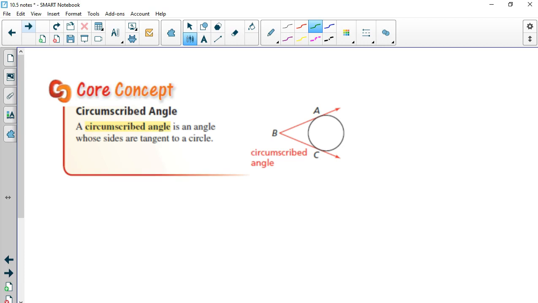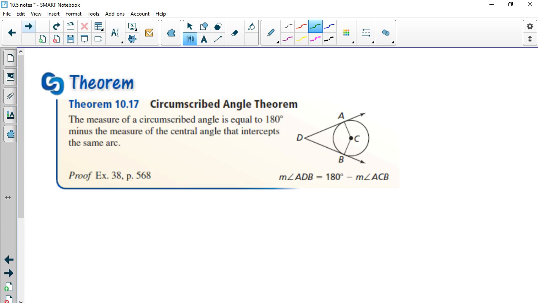Okay, next theorem, the circumscribed angle theorem. The measure of a circumscribed angle is equal to 180 degrees minus the measure of the central angle that intercepts the same arc. Let's see what we're talking about here. These two tangents have an intercepted arc right here.